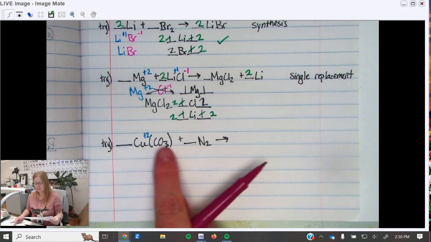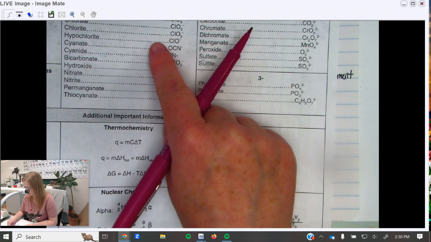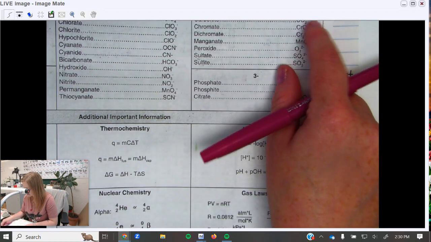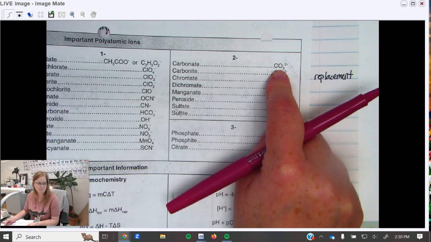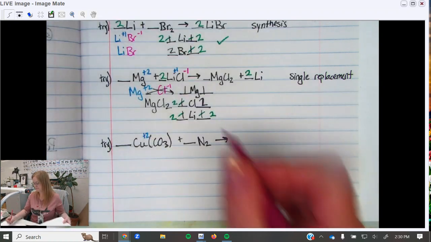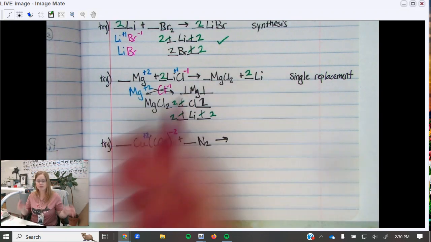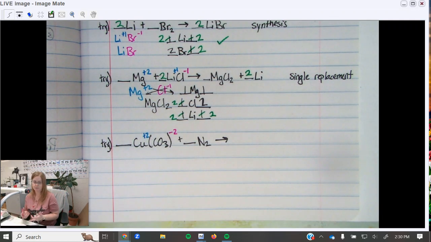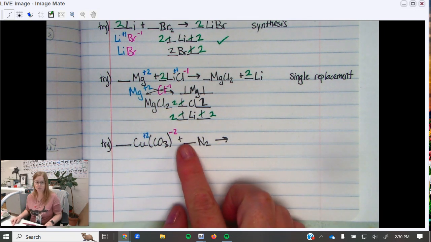So I have CO3. CO3 is right here. It has a -2 charge. And we know that compounds are always neutral. So if CO3 is -2, then copper has to be +2. So if you couldn't figure that out, that's okay. That is the trick to doing so.